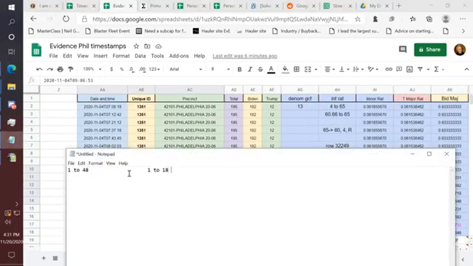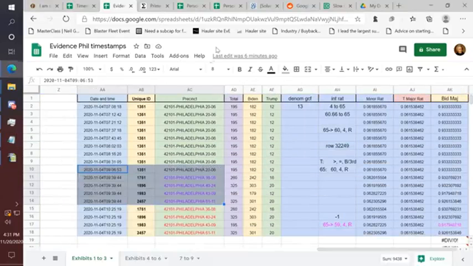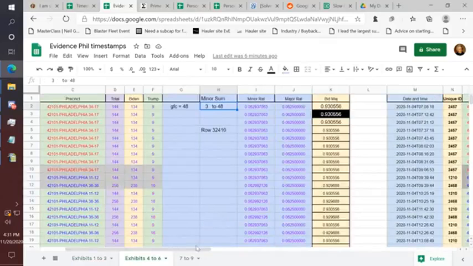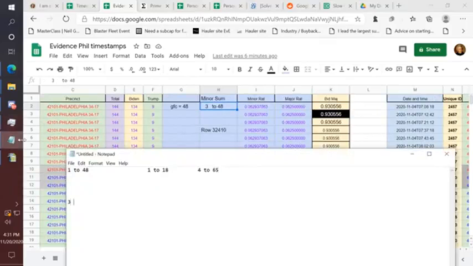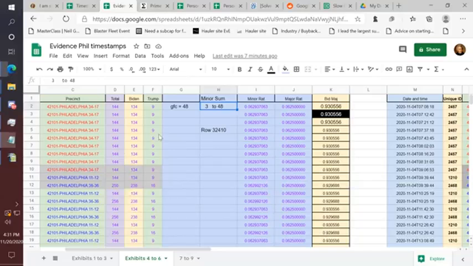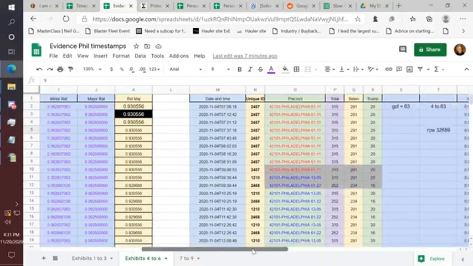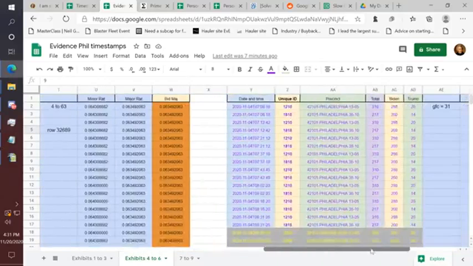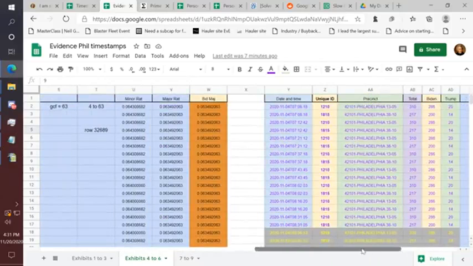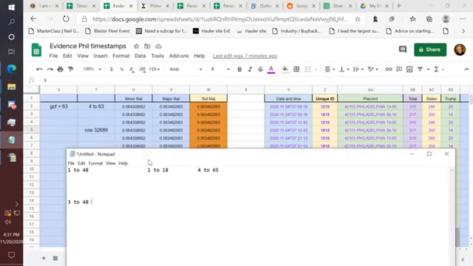4 to 65. 3 to 48. Very strange ratio. 4 to 63, 5 to 31. 4 to 63, 5 to 31.